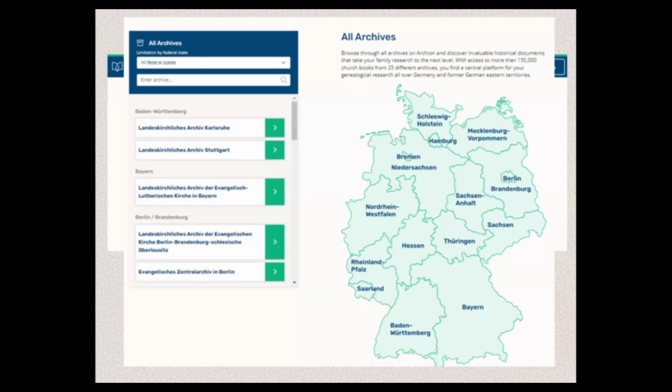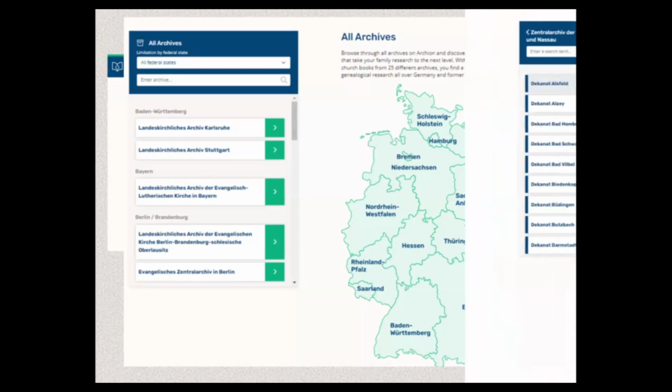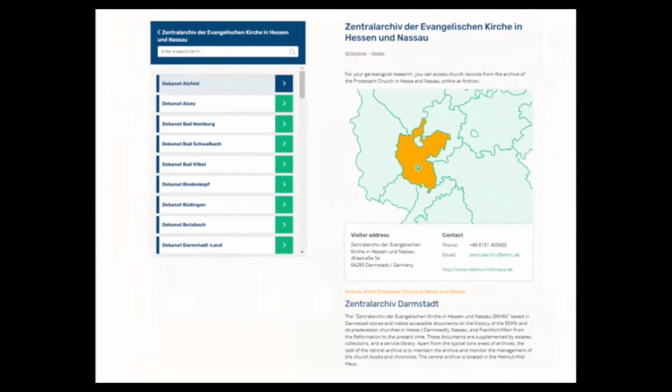And then when you get to those records, here you can see how it goes. When you click on deanery, for example, here, Biedenkopf, it shows you all those places that belong to that deanery.